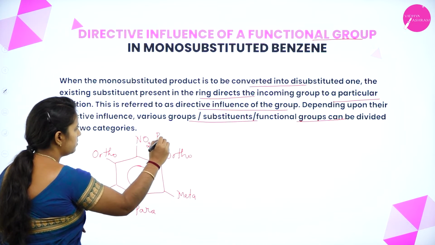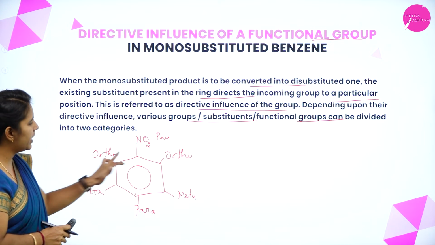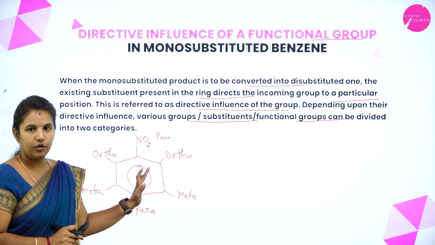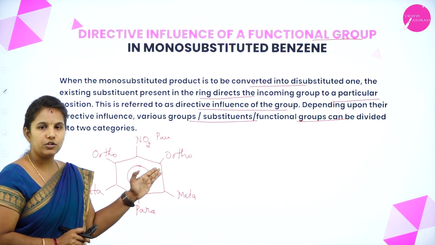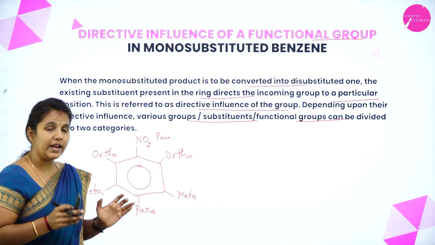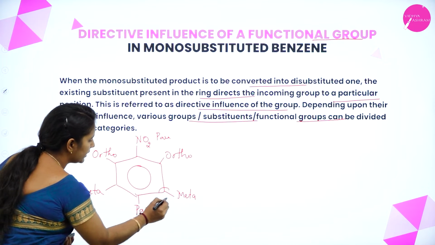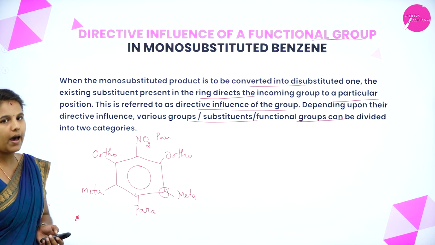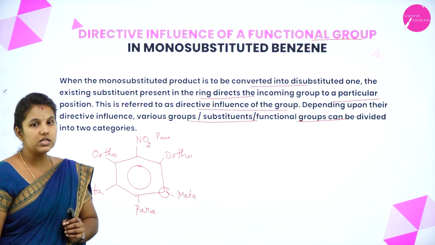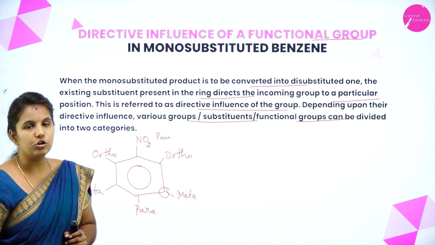This is also para position. Suppose your substituent is there at the ortho side, or if any electrophile goes and attacks the ortho position, it will direct the other incoming groups to go and substitute at the meta or at the para position.